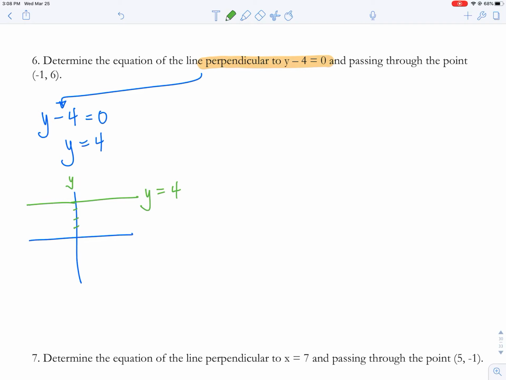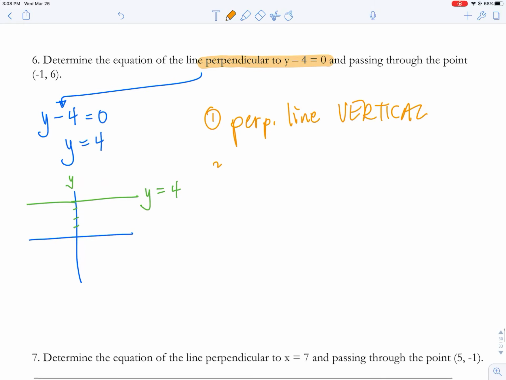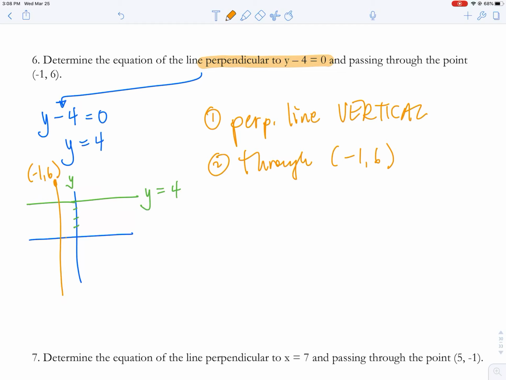They want our new line. I'm going to make it orange. Our new line is going to be perpendicular. So that's horizontal, so our perpendicular line will be vertical. It's going to go through the point minus 1, 6. So if I sketch that real fast, minus 1, 6 is going to be up here.